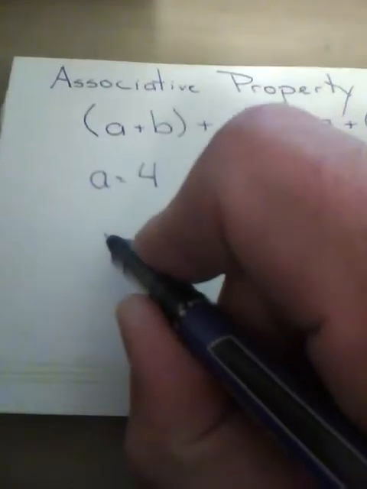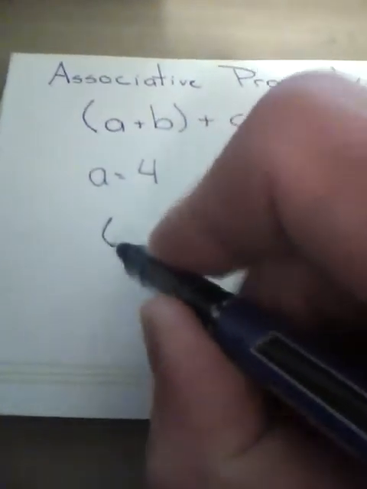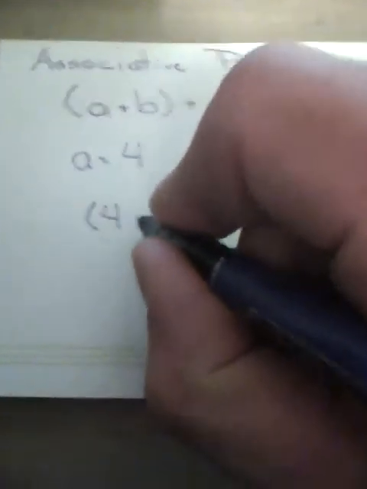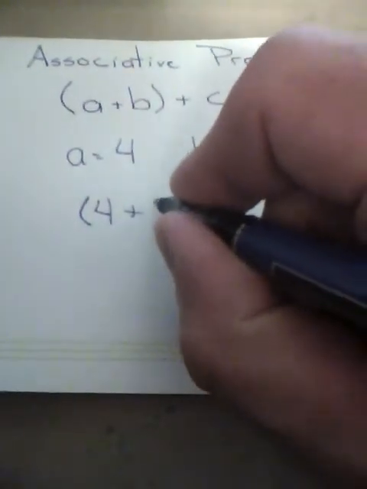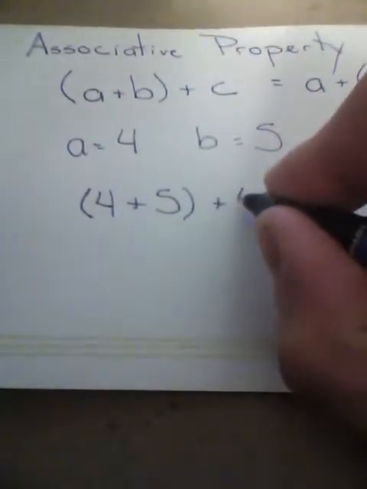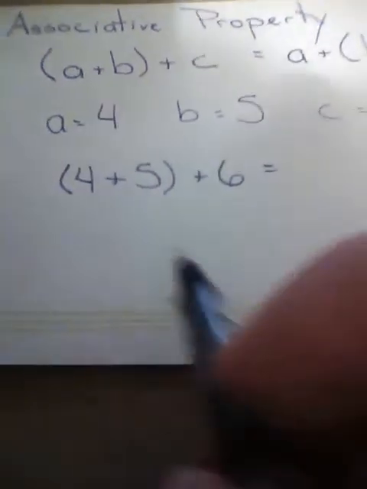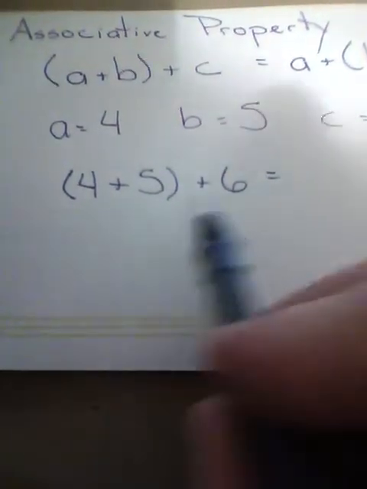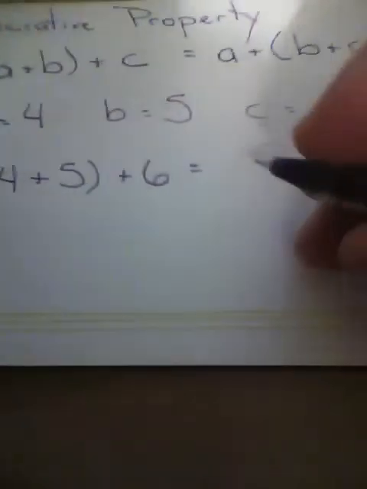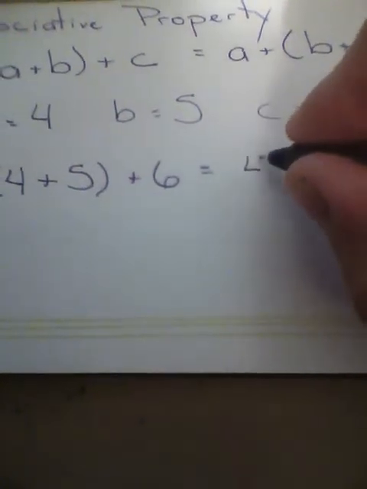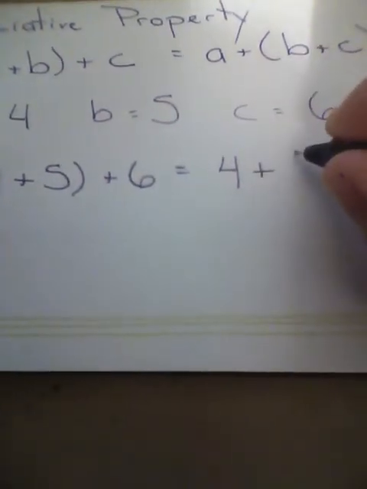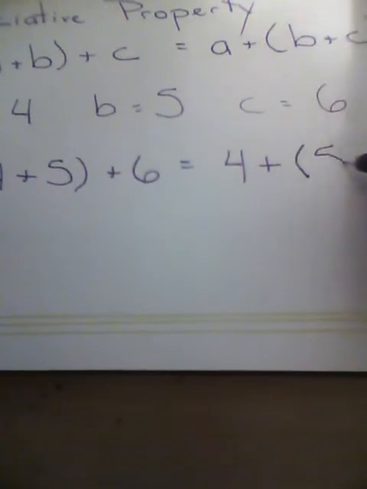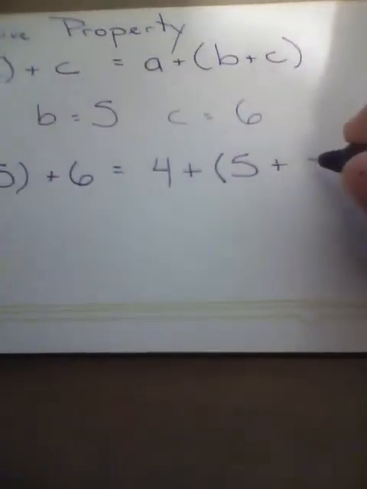So if I go now, it becomes parentheses 4 plus 5 plus 6 is equal to. I keep the same order. I do not change the order. Is 4 plus parentheses. Now the 5 is going to associate with the 6 plus 6 close parentheses.